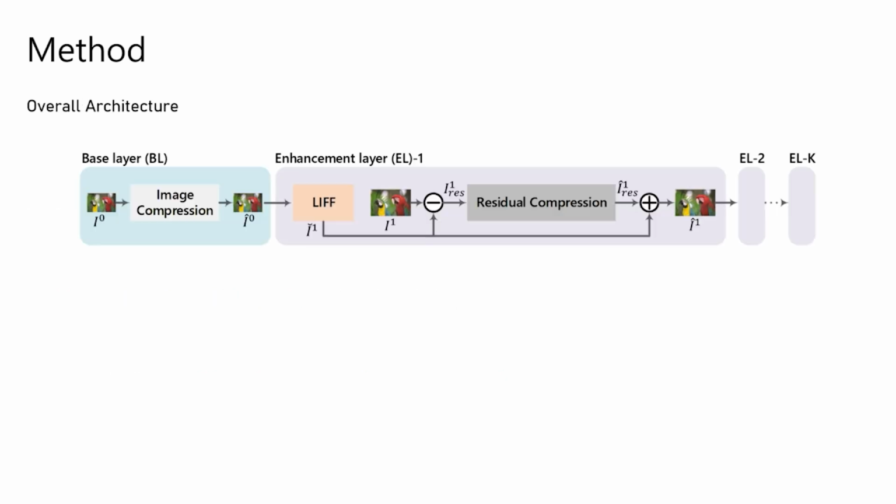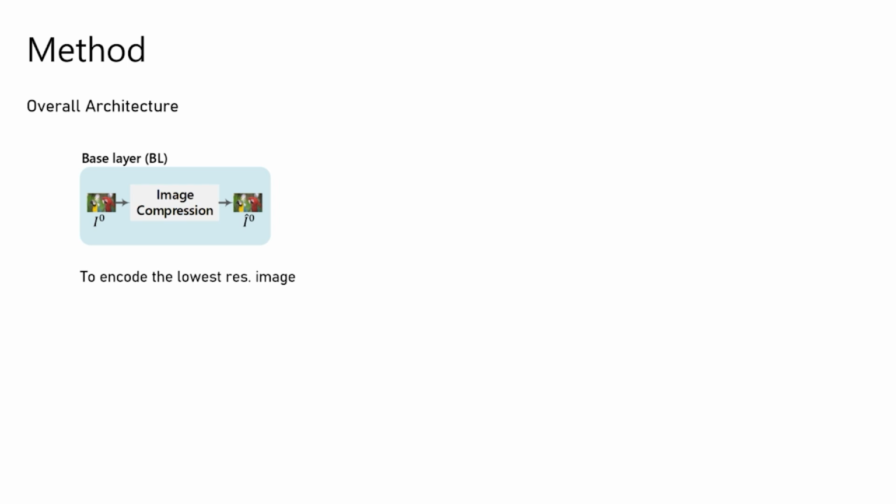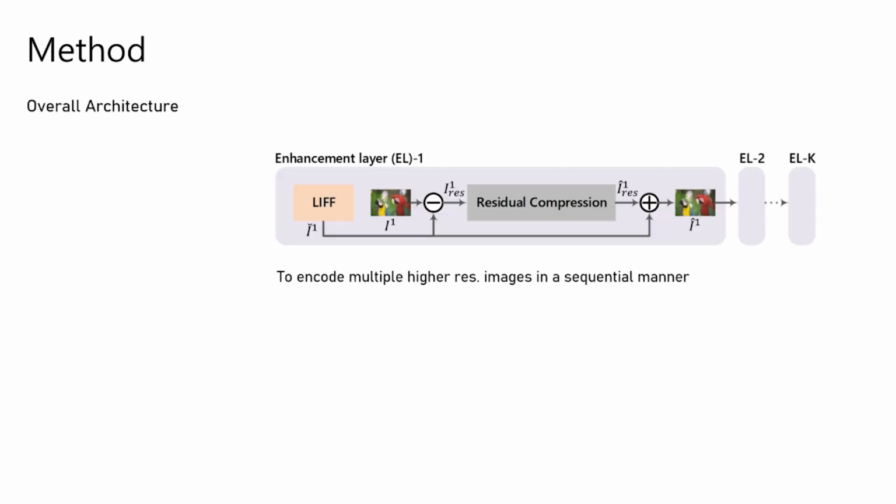This is the overall architecture of COMPASS. The COMPASS comprises 2 types of layers, a base layer that encodes the lowest resolution image, and 1 or more enhancement layers that sequentially encode multiple higher resolution images of arbitrary scales. It should be noted that the COMPASS exploits the shared modules for all the enhancement layers.